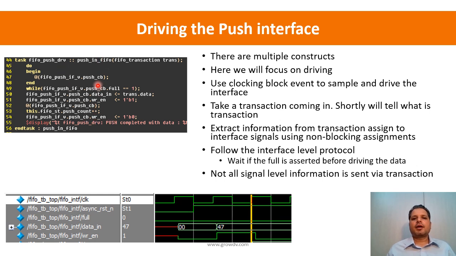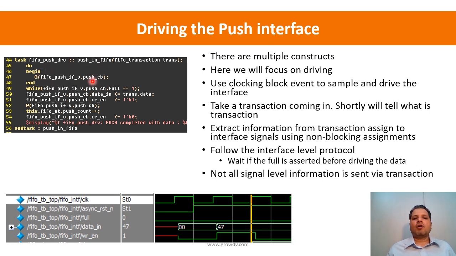If you look over here, we have a do while loop, and in the do while loop we are waiting on the FIFO push interface underscore v dot push cb. This push cb is a representation of the clocking event that we had defined in the interface, which we had defined as the passage of the clock.